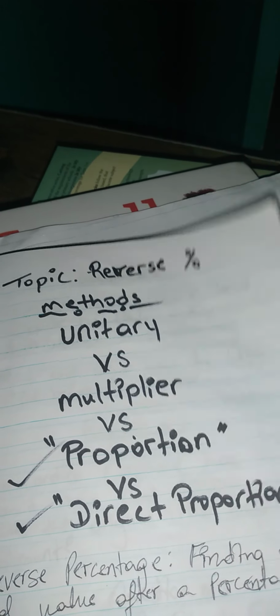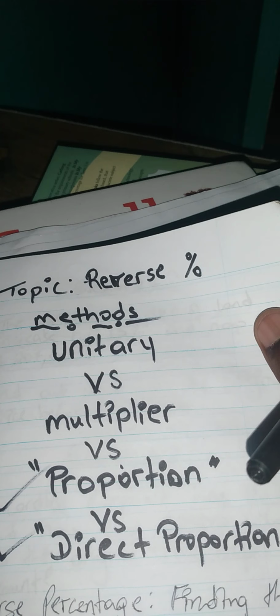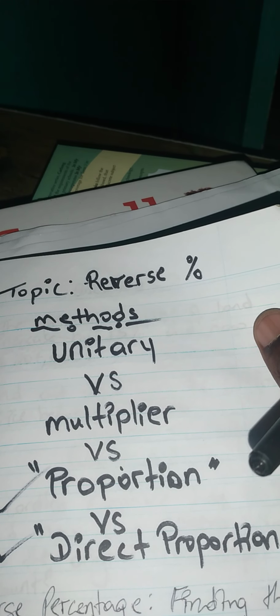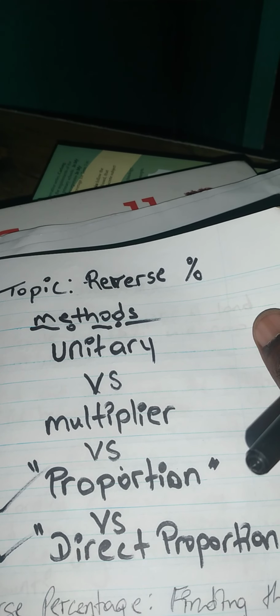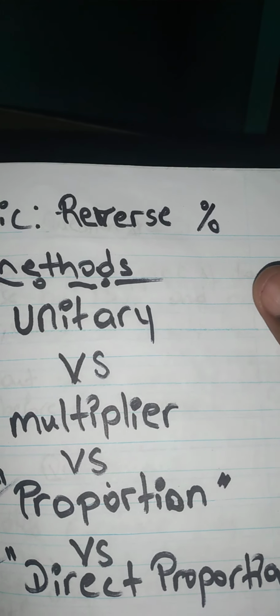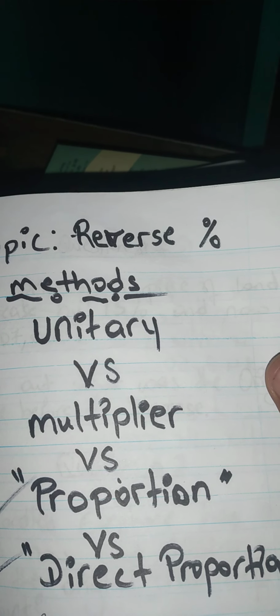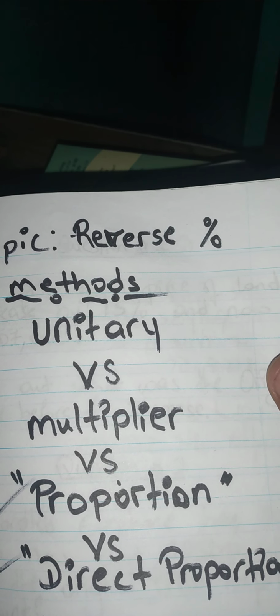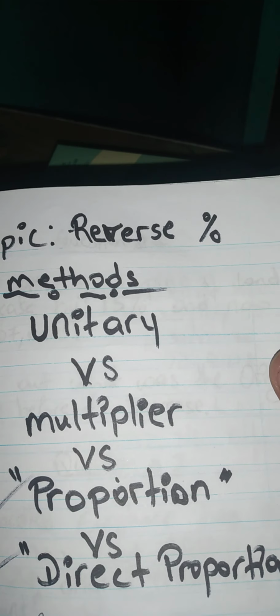It also has its limit. The multiplier method can do so much and no more. Only the unitary method is able to transcend all questions of reverse percentage. However, it has its setback or disadvantage.